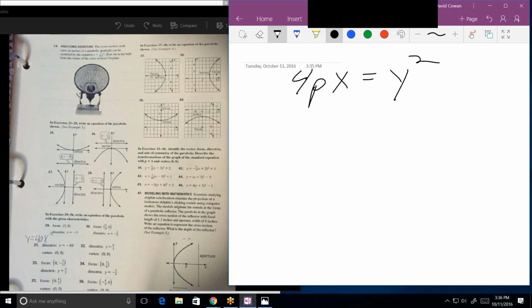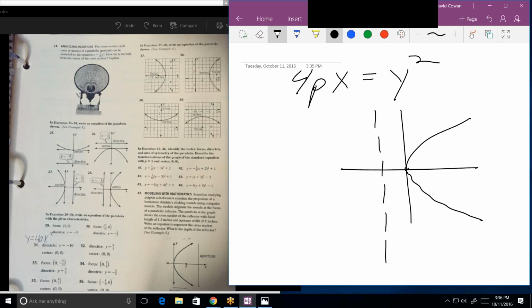Well, again, if I draw it, in this case, the directrix is a vertical line. And the equation of that line is x equals -2. Therefore, what is p?